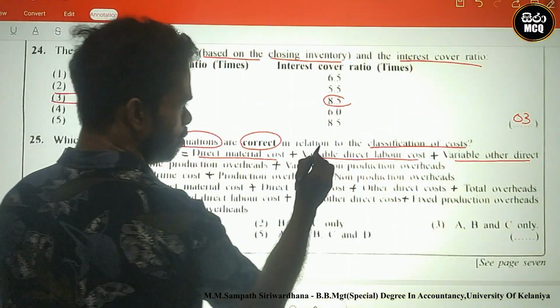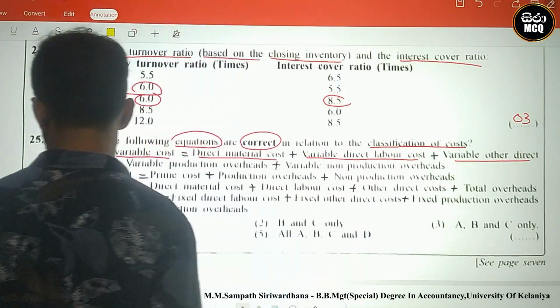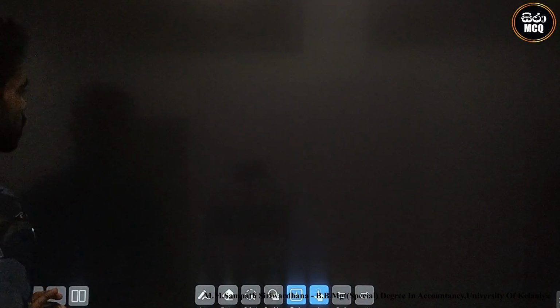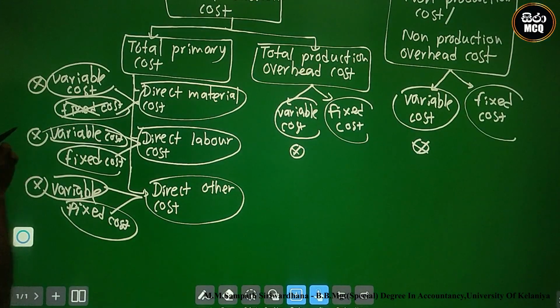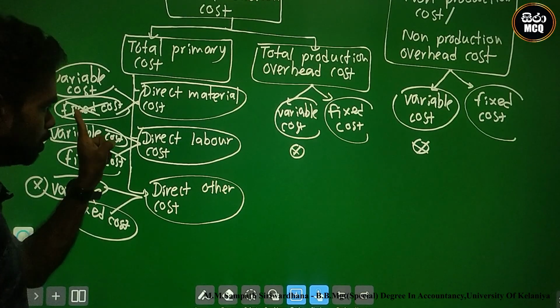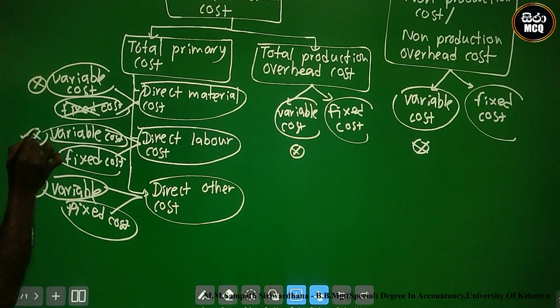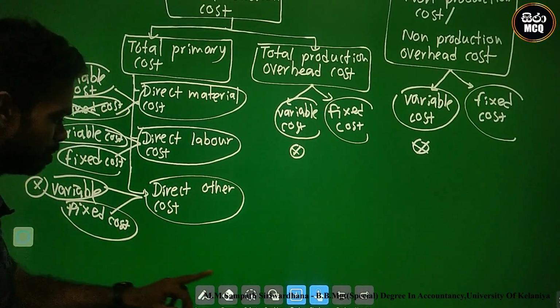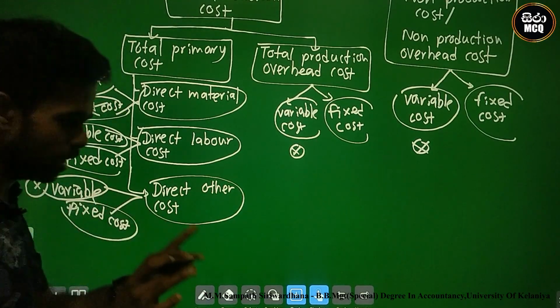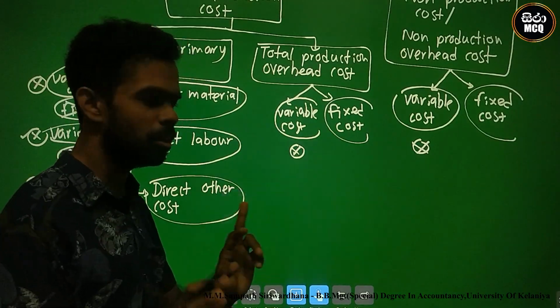The next one, variable direct labor cost. This is only the variable part they identified; the fixed part is missing. Okay, we only identify variables.